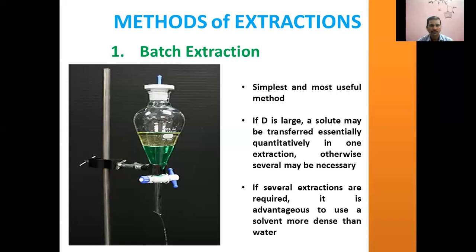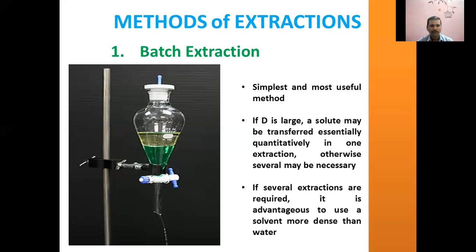Say, instead of using 50 ml of organic solvent for a single extraction, you use 10 ml of the organic solvent and do the extraction 5 times. So instead of doing one extraction, which yielded the lowest extraction efficiency, you can repeat the extraction 5 times using lower volumes of the organic solvent in order to achieve better extraction efficiency.